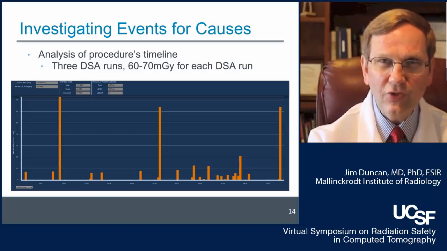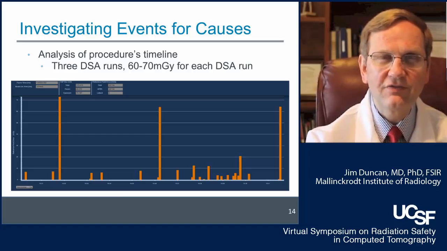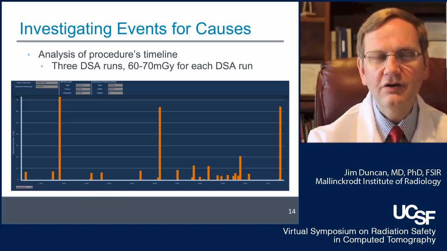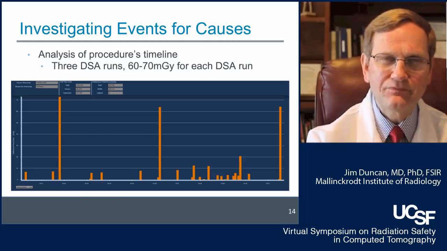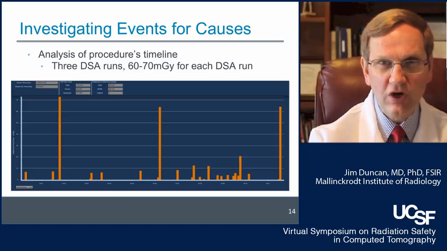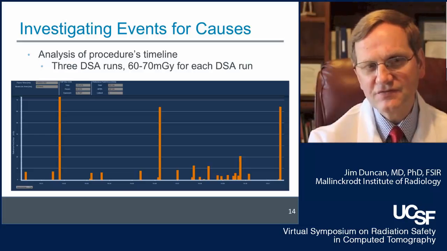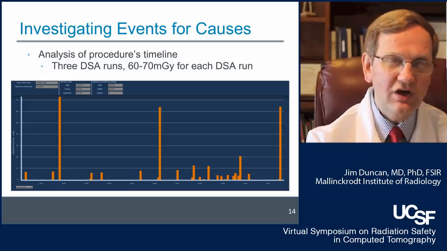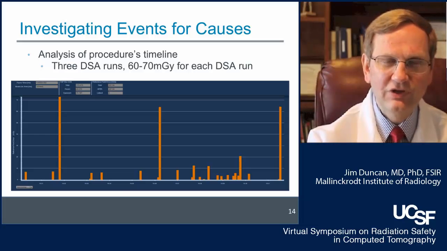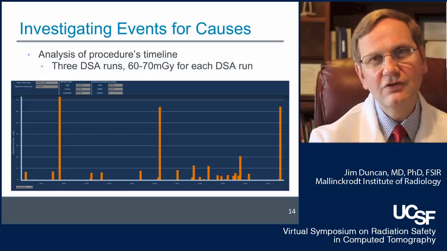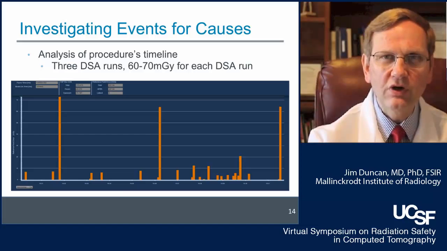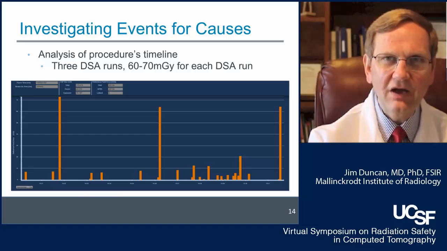And if you recall, 39 milligray is our 50th percentile for an average filter. So the first question is, what's driving each DSA run to be more than we'd expect for an average filter? And the second is, why are there 3 DSA runs? We can explain 2 when we reviewed the procedure. One was the typical one to map out the IVC.